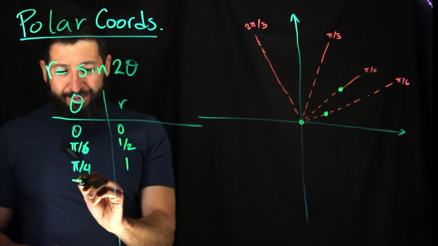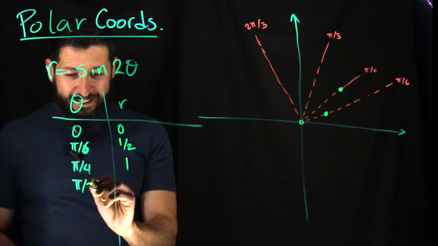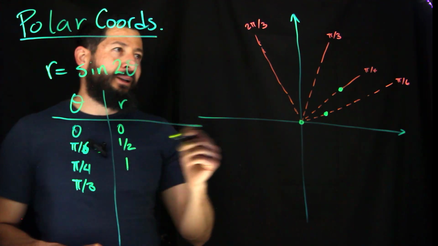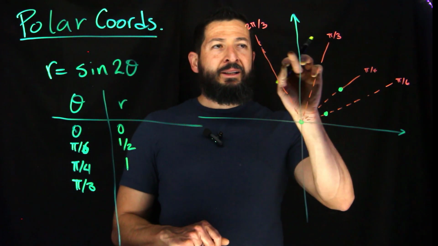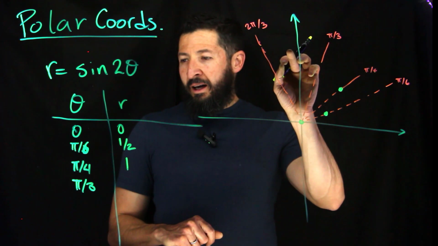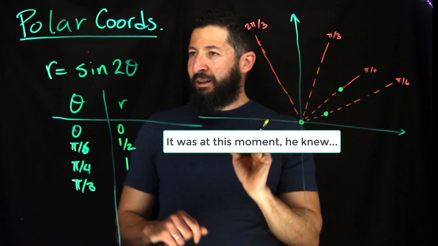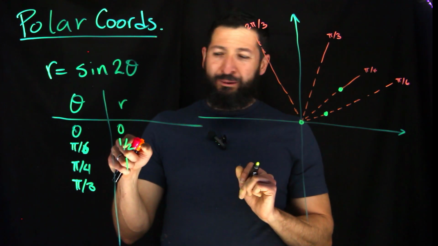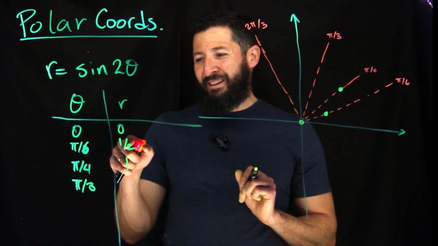So pi over 3, when you plug it in here, it's going to be sine of 2 pi over 3. The sine of 2 pi over 3 is still going to be, wait, what did I say before? I said sine of pi over 3, I put 1/2. It was really square root of 3 over 2. Oh, fail.